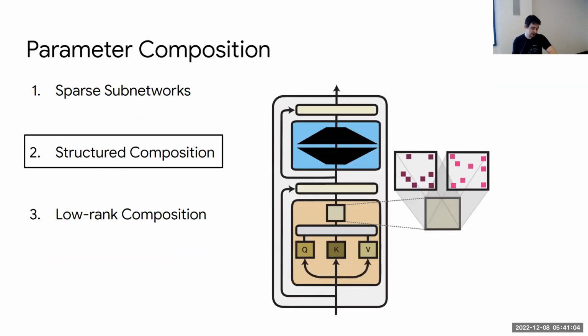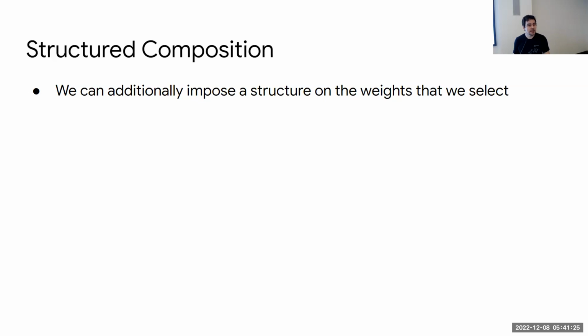Cool. So this was the largest individual subsection of the talk. Now for the second subsection, which focuses on how we can introduce additional structure information about the model into the way we learn these modular parameters. The main intuition is that if we know how our model is structured, so which of the parameters are associated with particular weight matrices or different layers, this can inform the way we learn these modular parameters.